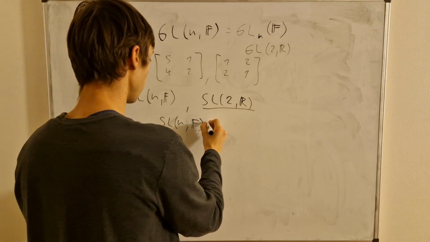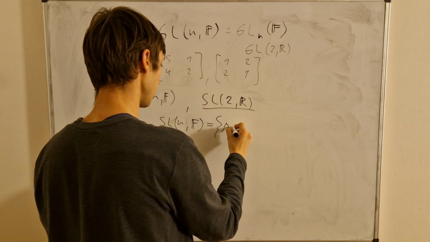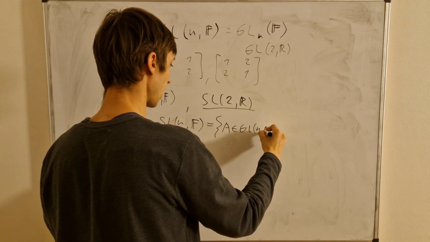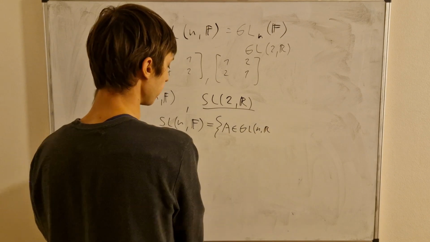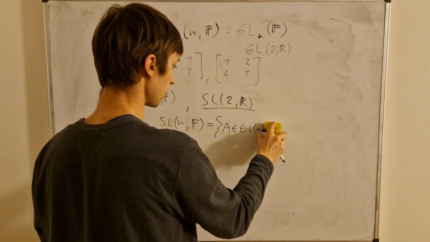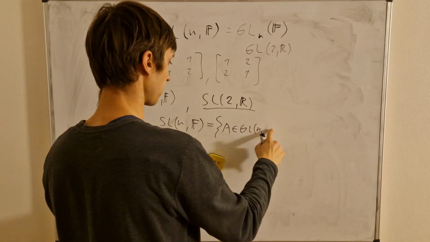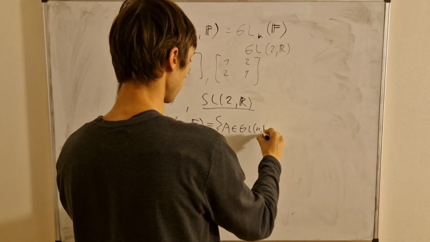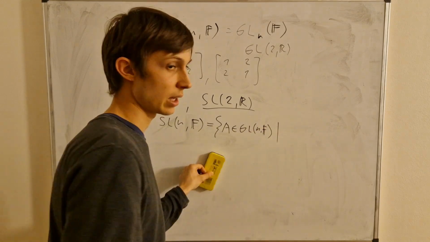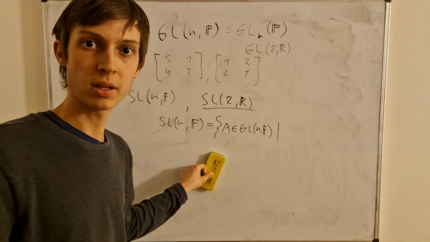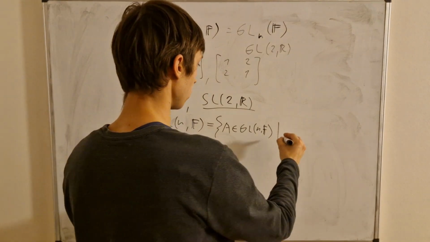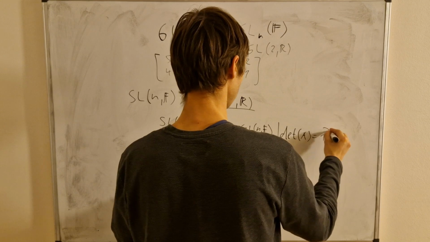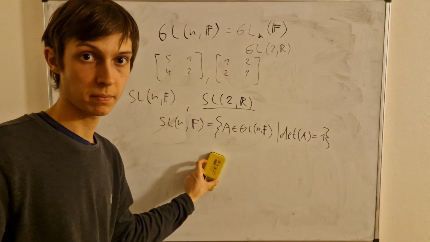Then what is that? It's matrices from the general linear group of that size of matrices over that field, such that their determinant is 1. So there's a speciality of them.